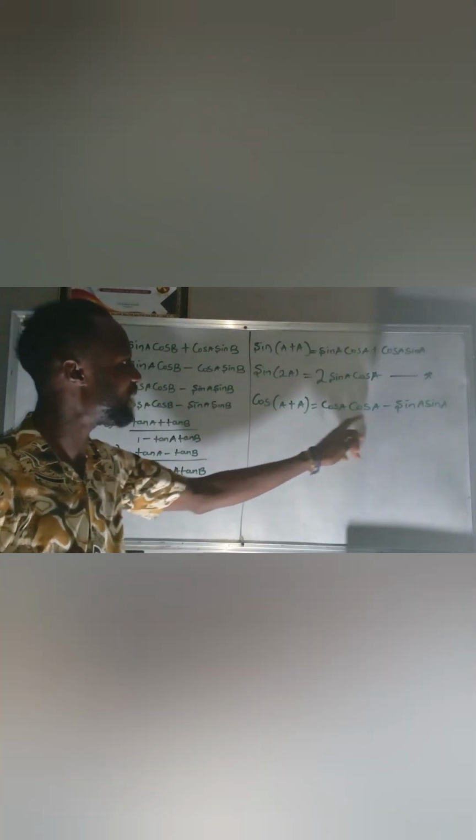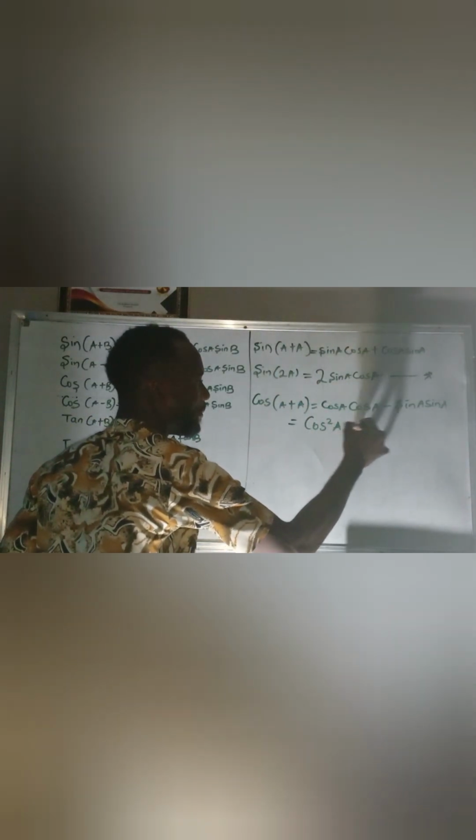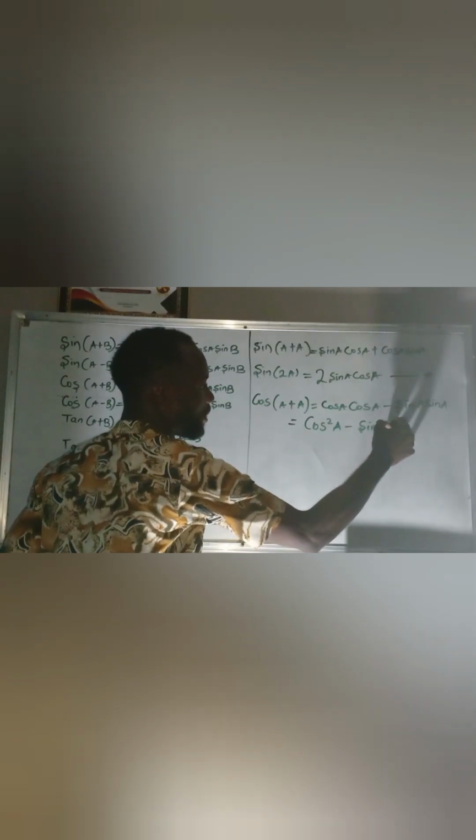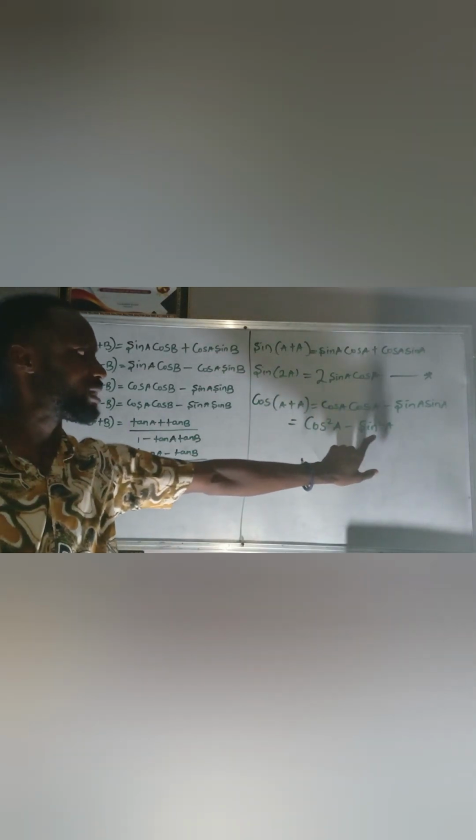Or A times A is A raised to power 2, A squared. So this is equal to cos square A minus sine square A, because they are the same. Remember, this one is when they are the same degree, this one is of different degree. So cos square A minus sine square A.